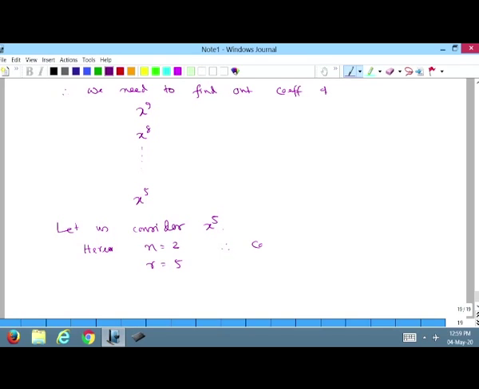Therefore, the coefficient of x to the power 5 is (2 + 5 - 1) C 5, because our formula is (n + r - 1) C r, which is 6 C 5, equal to 6.